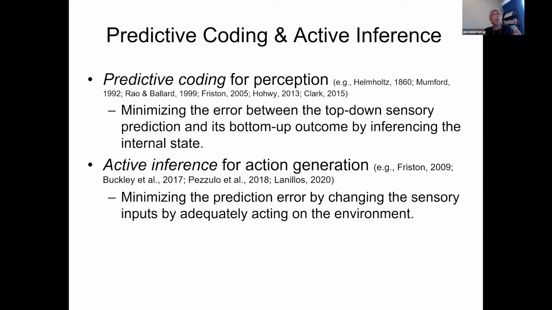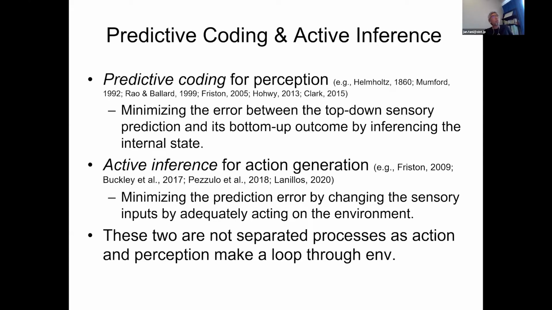So it determines how to act in order to minimize prediction error in the sensation. But these two, one for perception and one for action generation, are not separate processes, as action and perception make a loop through the environment.